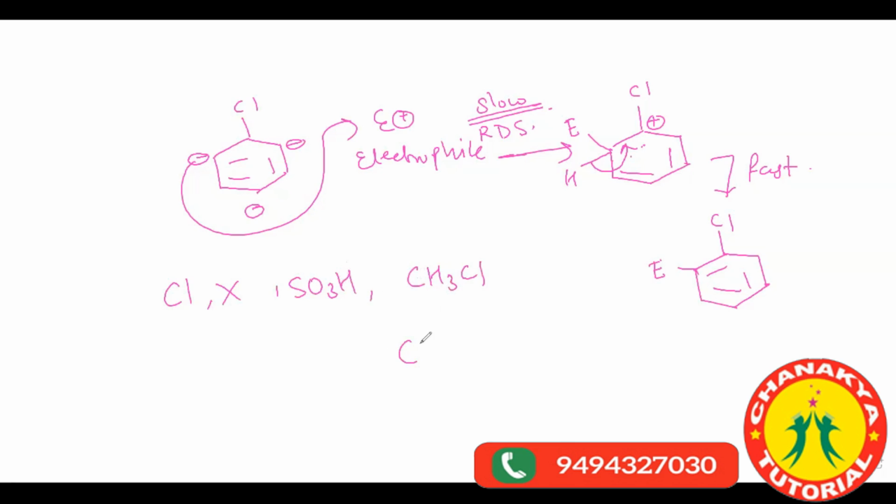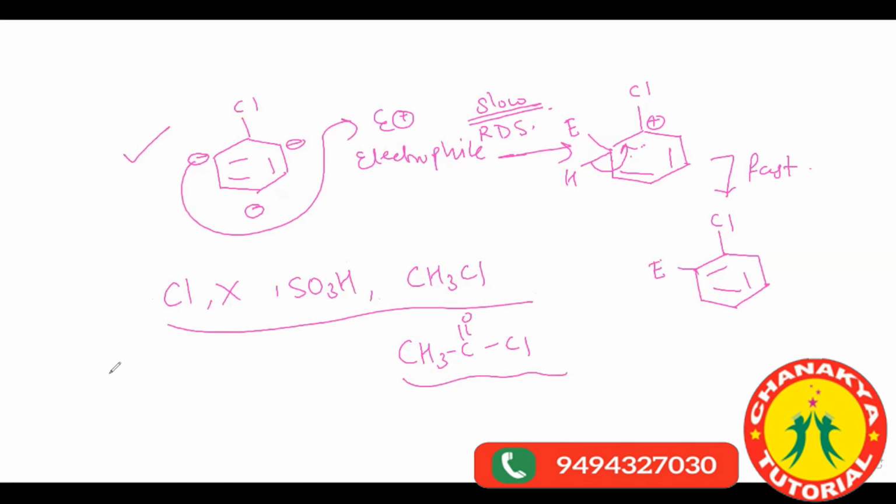Then an acyl group also can be used, R, C double bond O, Cl, isn't it? All these things can be used as an electrophile in this electrophilic substitution reaction. One by one, we are going to see all of them. Shall we start?